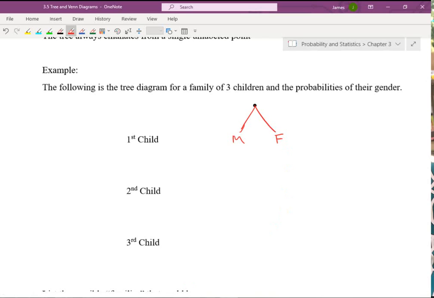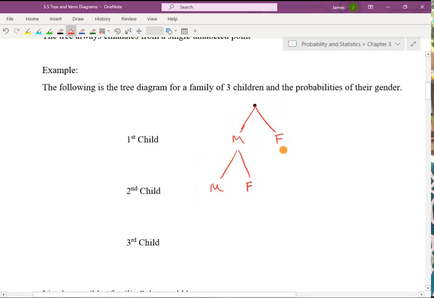All right. So, first child, male or female, right? Okay. Male or female. So the second child, okay, if the first child was male, second child could be, yeah. So we got the same situation stemming down here for the second child, okay? So after having 2 children, it could have been a male and a male, a male and a female, okay?